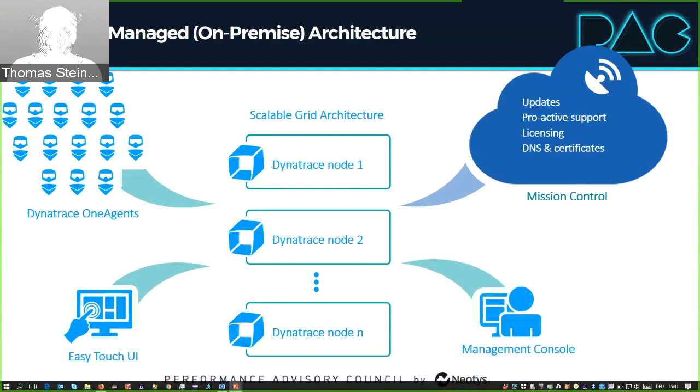We also have proactive support, so we're proactively looking at things, and of course licensing and all those kinds of subcomponents. That's the Dynatrace Managed architecture, more or less everything on a single node. So one isolated node is more or less self-contained.